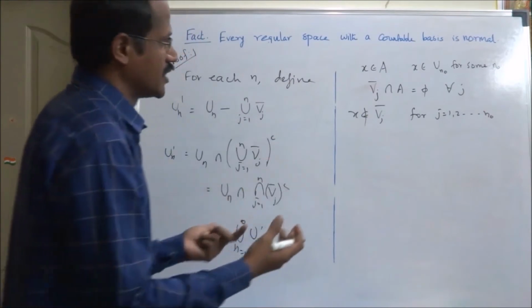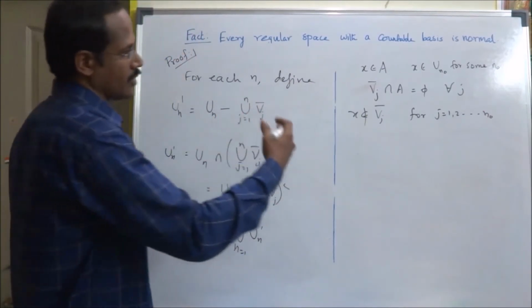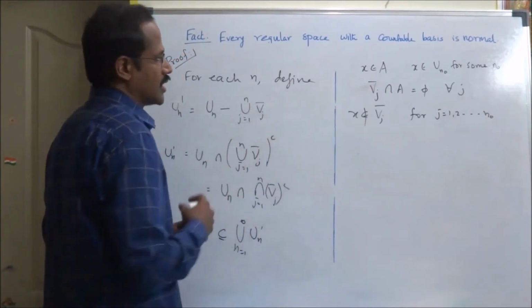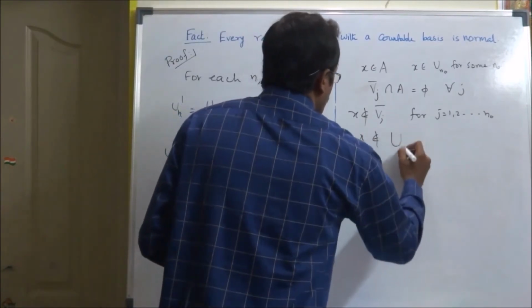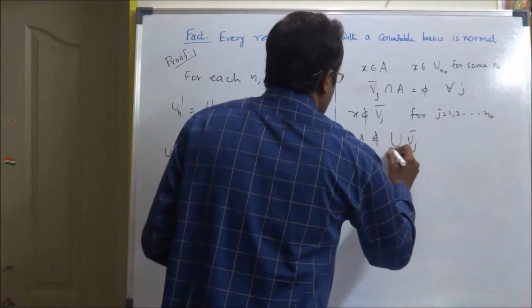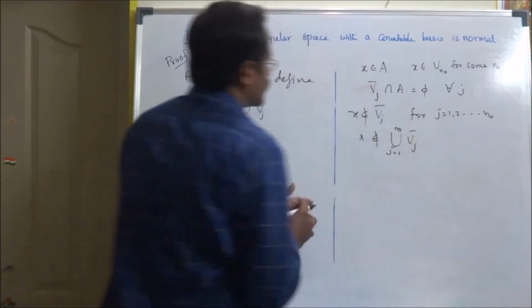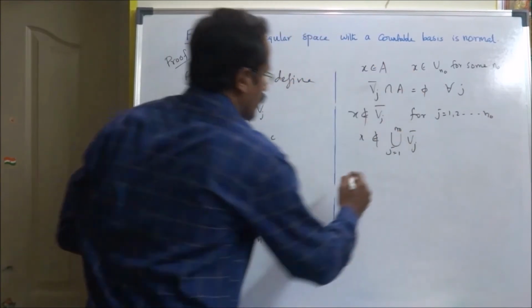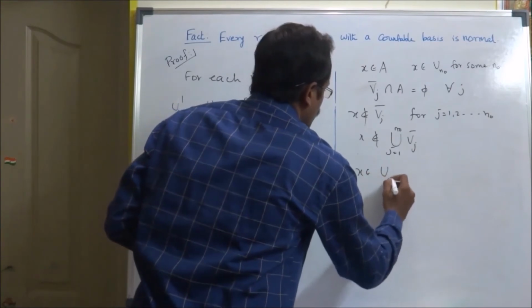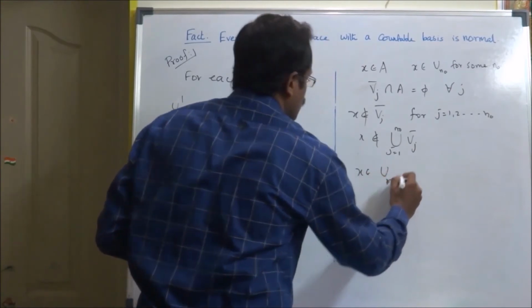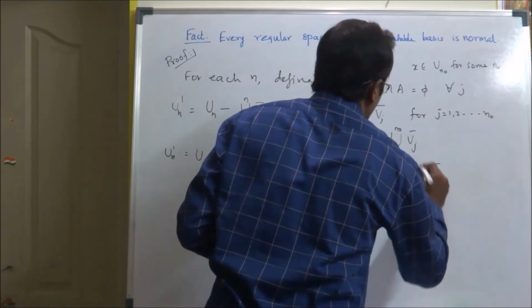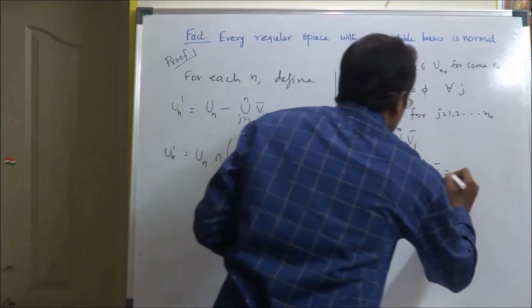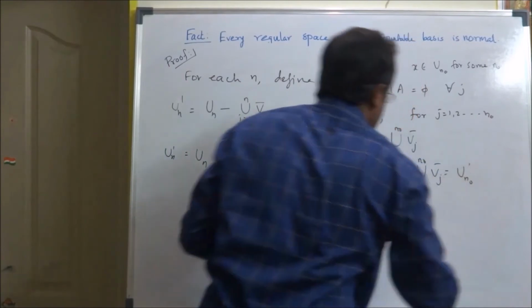For every j it is true, therefore in particular for j from 1 to n naught, x is not in Vj closure, which means x is not a point of the union of Vj closure, j equal to 1 to n naught, but x is in Un naught. Therefore x belongs to Un naught minus the union of Vj closure, j equal to 1 to n naught. That is your Un naught dash.